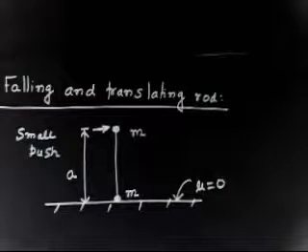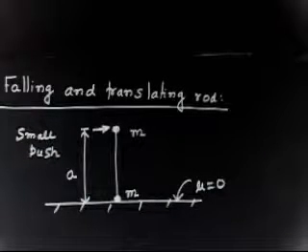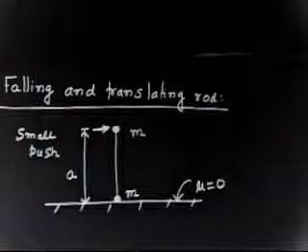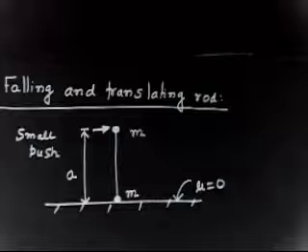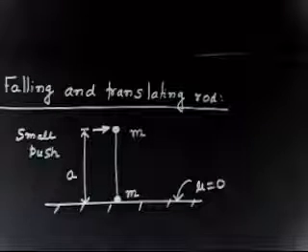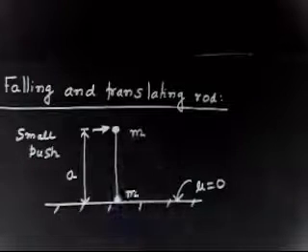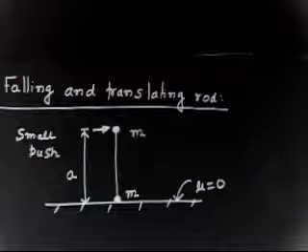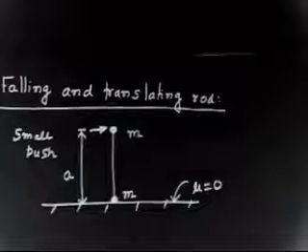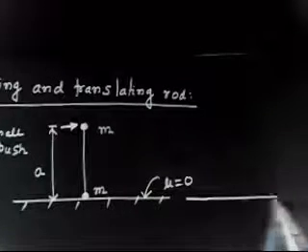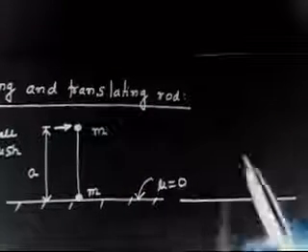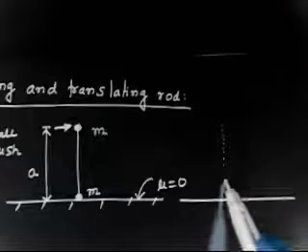Now the question says the upper particle is given a small displacement, so the rod starts to fall. So this has been given a small push. Due to this small push, this system starts to fall. So when the inclination is 60 degrees, after some time, you will see, initially the system is here.